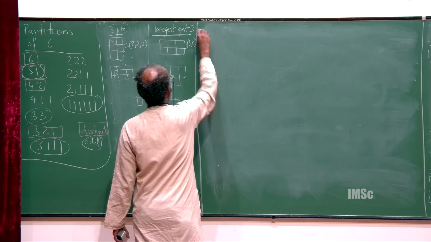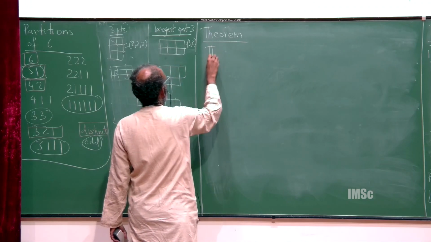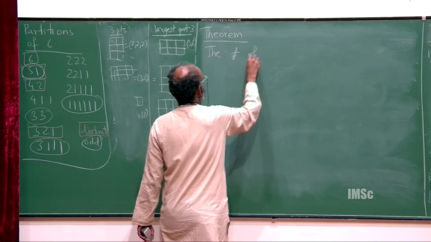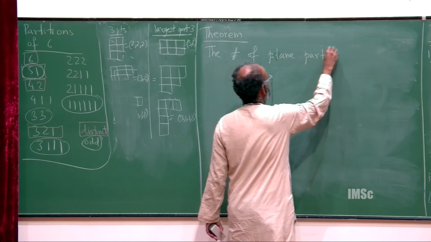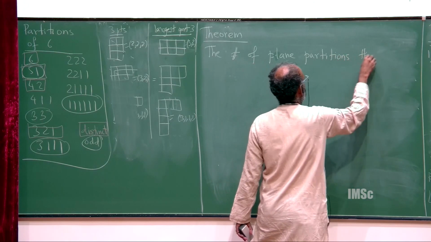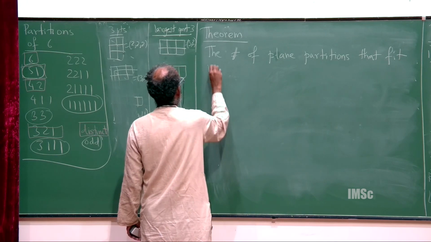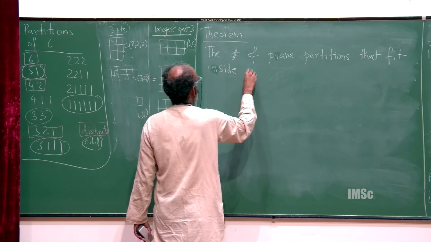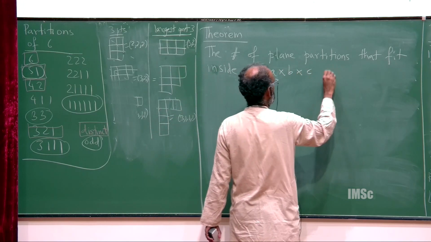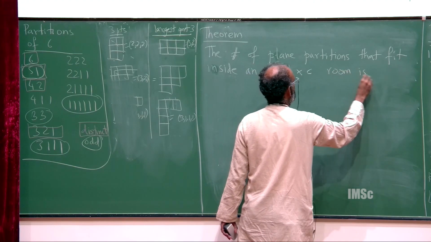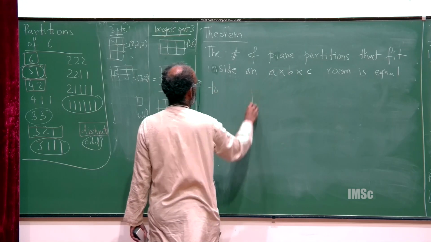So okay, let me state the theorem. The number of plane partitions that fit inside an A by B by C room, let's say, is equal to the following product formula.